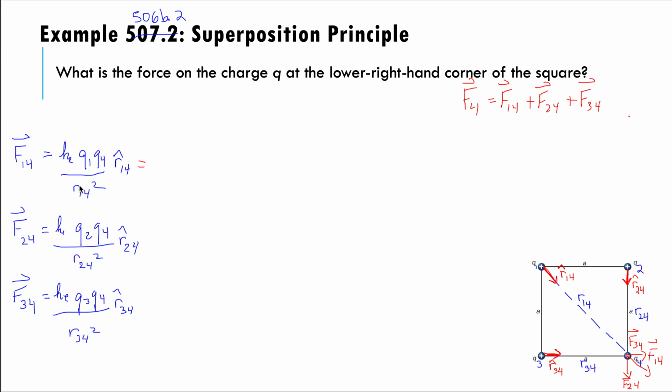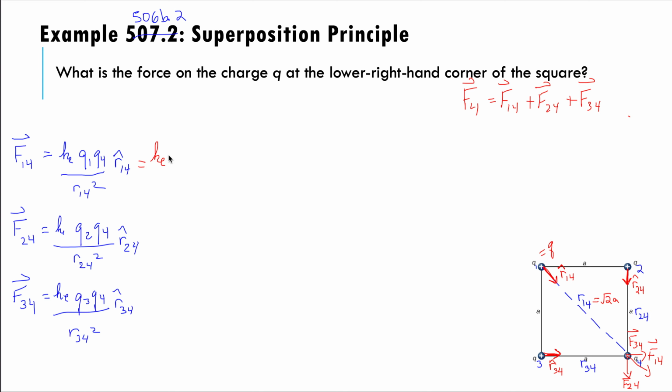For F14, we need a distance R14. We can see that that's the hypotenuse of the triangle formed that has legs a and a. So if we use the Pythagorean theorem, square root of a squared plus a squared, that's going to give us square root of 2 times a. So we can write down Coulomb's constant, and then the charges. I numbered them just so I could more easily refer to them, but each charge was actually called Q in the problem.